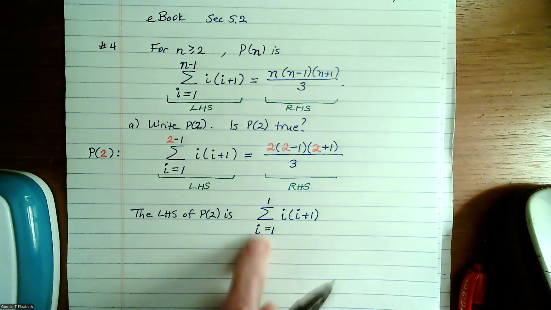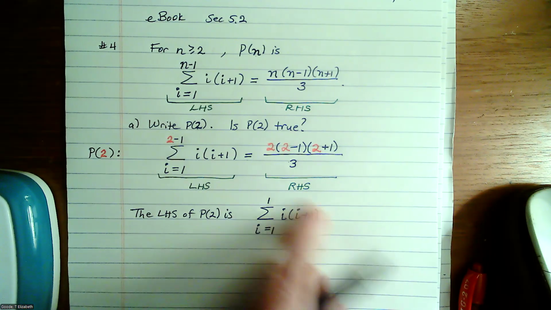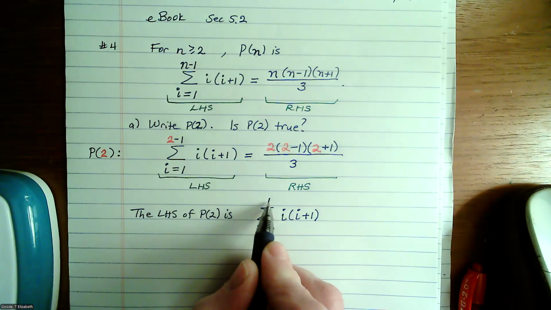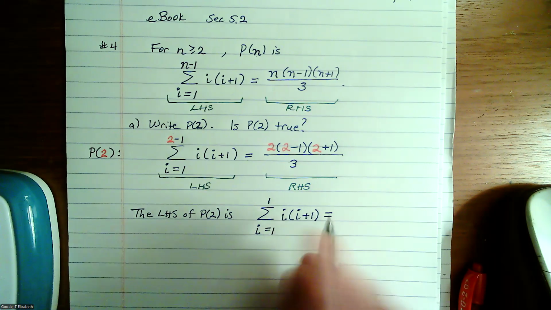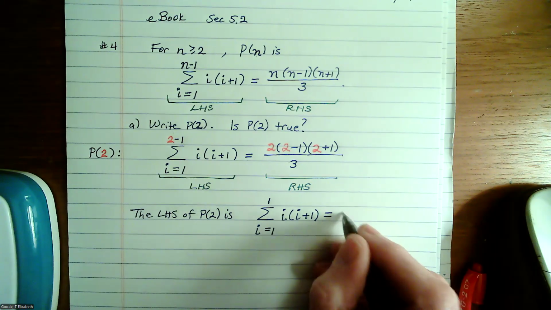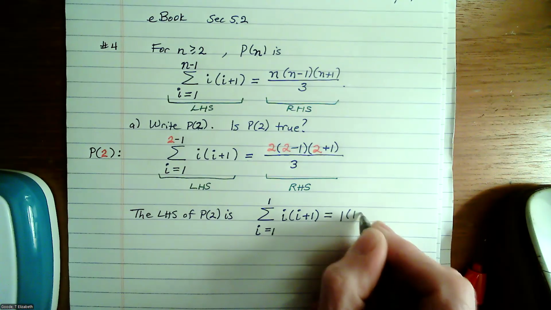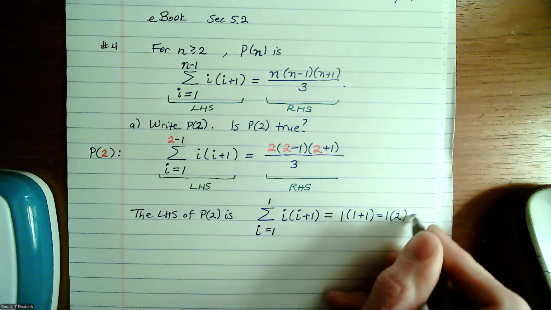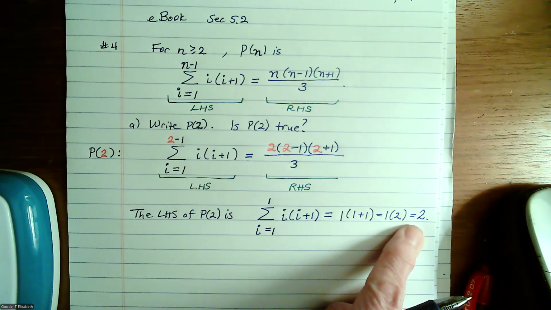If we wrote this in expanded form, this is closed form, but we're saying this is just a single term because i starts at 1 and ends at 1. So there's just one term in this sum. It's 1, because we're putting in 1 for i, times 1 plus 1, which of course is 1 times 2, and that is 2. So the left-hand side of P of 2 turns out to be 2.